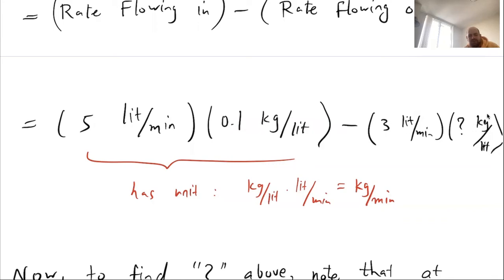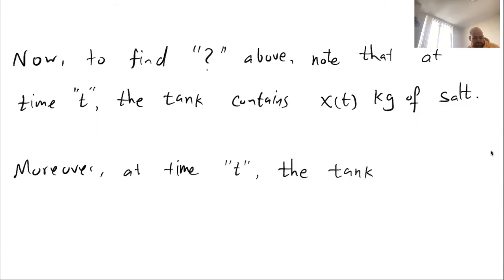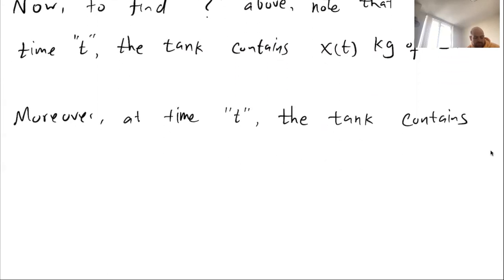At time t, we have x of t kilogram. And how many liter do we have at time t? Moreover, at time t, the tank contains V of t equals 60 plus 2t liter.